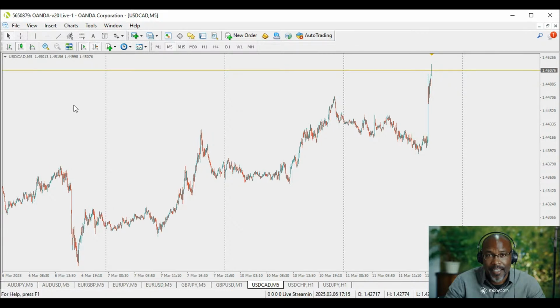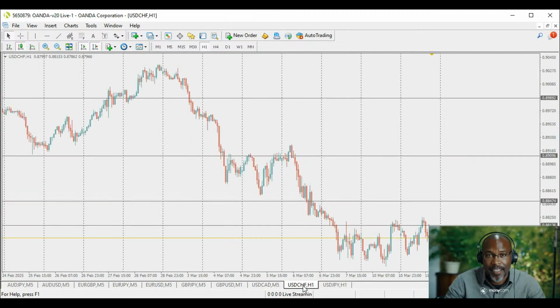US dollar loonie is skewed at the moment. Skipping over it.